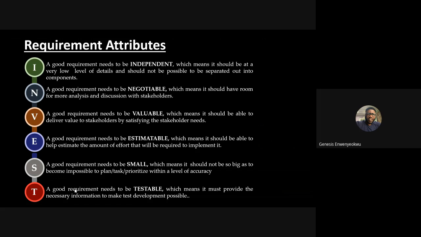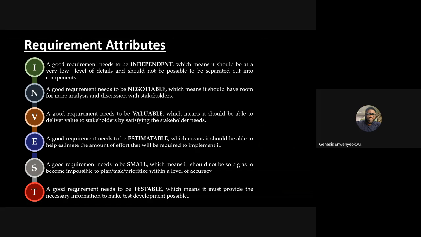It should be at its lowest level of detail and not be able to be divided or separated into different components. If we can separate it, then we break the user story and have another user story that we broke out of it. But the goal is that when we say this is our user story, it must be at its own low level of detail, which is independent.